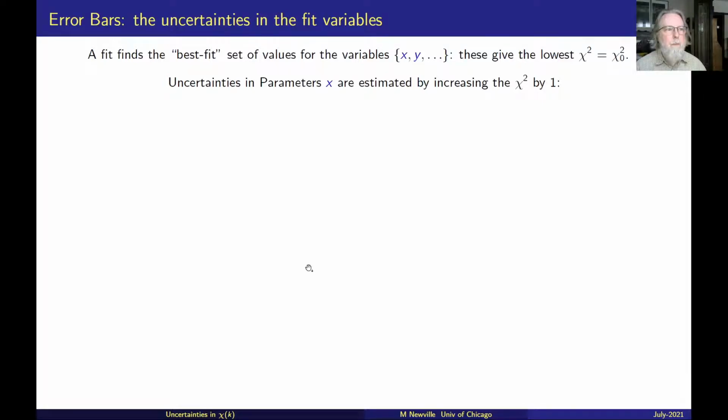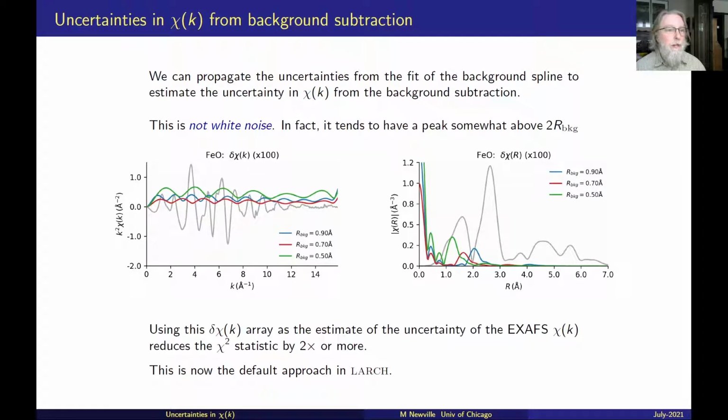So when we reported our values for our single shell fit, we had N that was something like 5 plus or minus a half or so, and R was 2.09 plus or minus 0.01 angstroms, and E0 was 1 or something volts plus or minus a half of a volt.